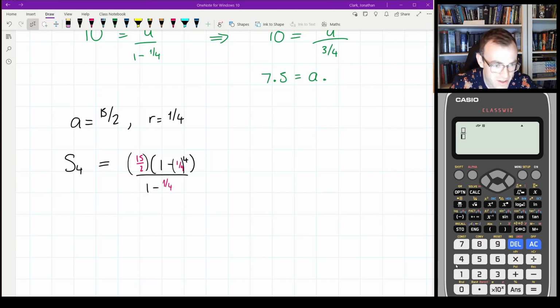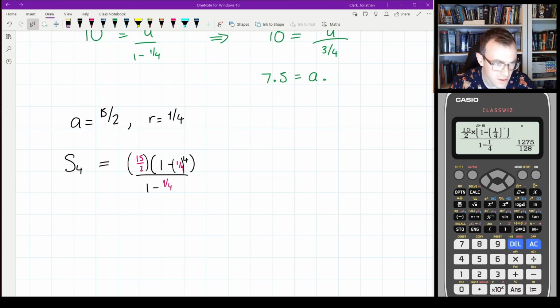So the denominator is 1 take away a quarter. The numerator is 15 over 2 times brackets 1 take away, and I'll put this in a bracket just in case, a quarter, and that's raised to the power of 4.